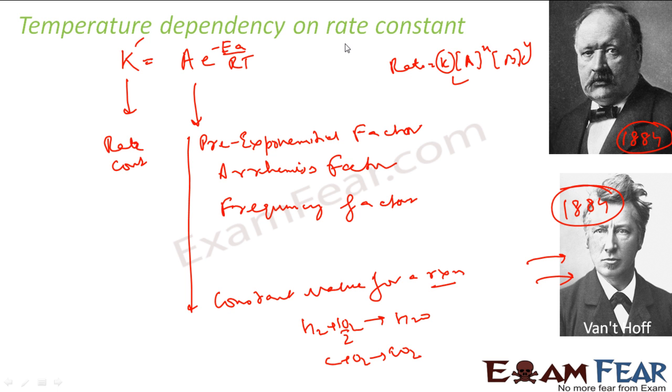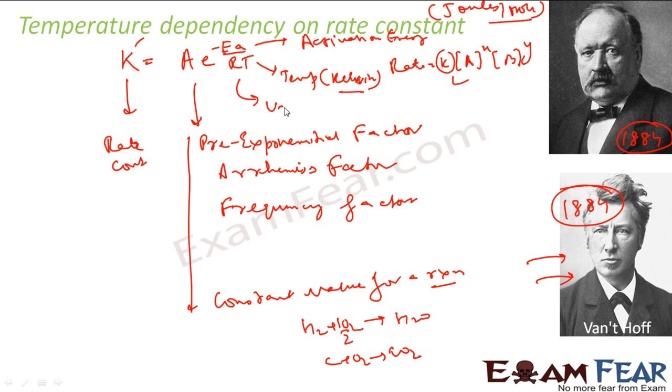Ea is the activation energy. We'll study activation energy in the next slide, and the unit of activation energy is joules per mole. T is my temperature, and please note it is in Kelvin. In most chemical equations we use temperature in Kelvin. Here also we are using Kelvin.